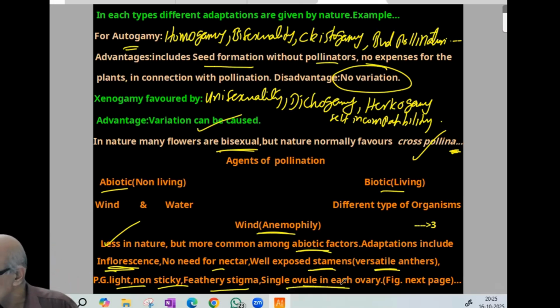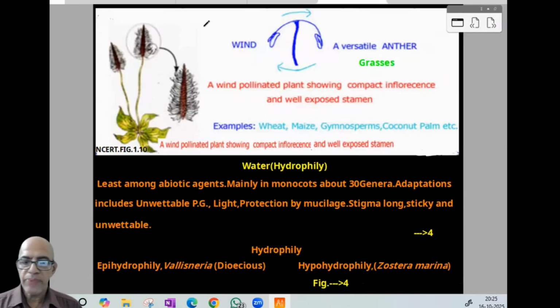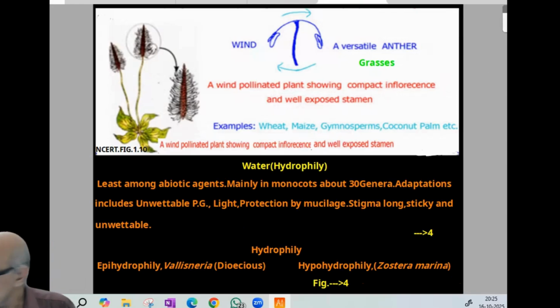A single ovule in each ovary. This is the NCERT diagram, and this is the famous versatile anther. Anthers can swing in both directions when wind comes. Examples: wheat, maize, gymnosperms, coconut, palm, etc.